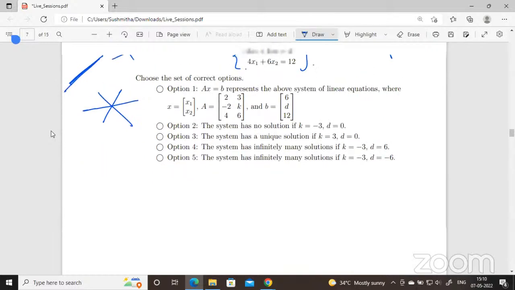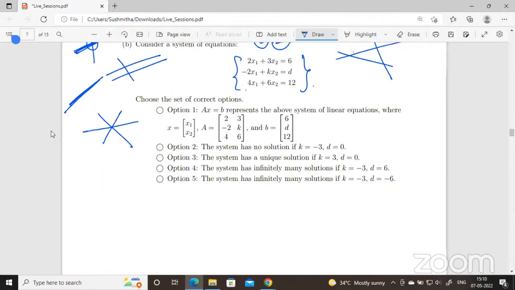So what is the coefficient matrix for this? It's given: 2, 3; 2k, ... 4, 6. The right hand vector is 6, d, 12. And one more equation, like 2x1 plus 3x2 plus x3. Now, will it be considered as a line? We have the equation 2x1 plus 3x2 equals 6.